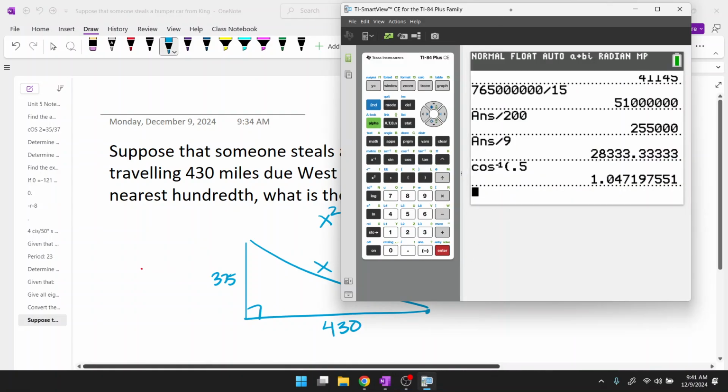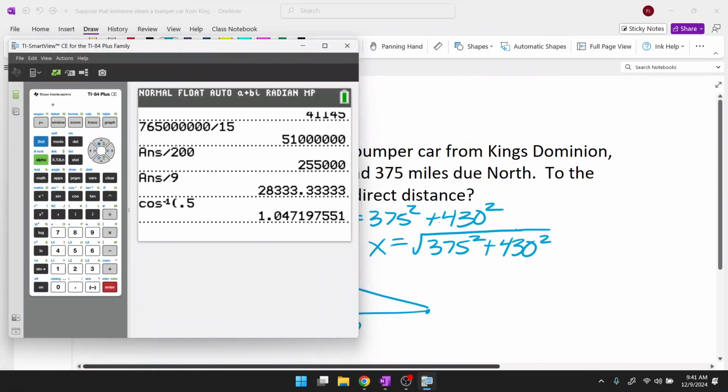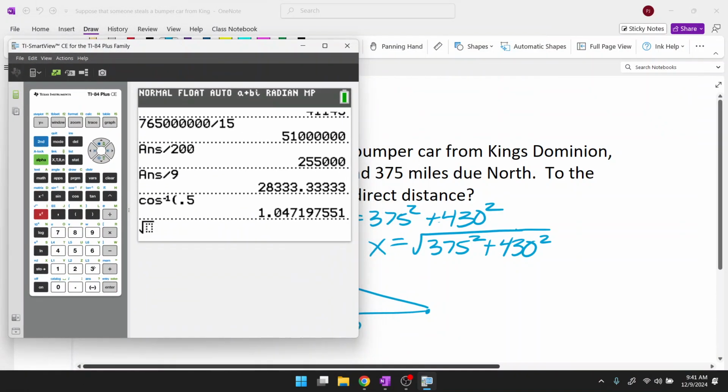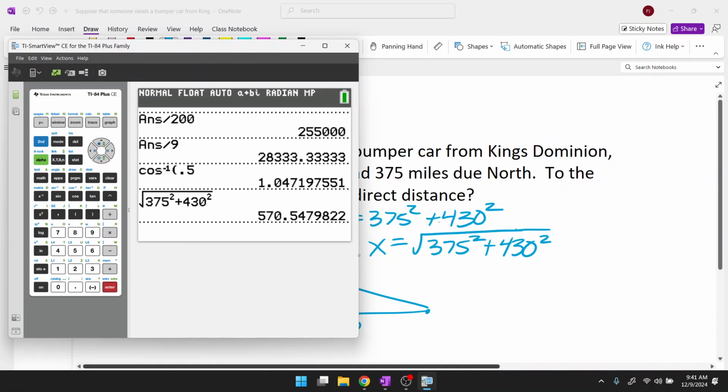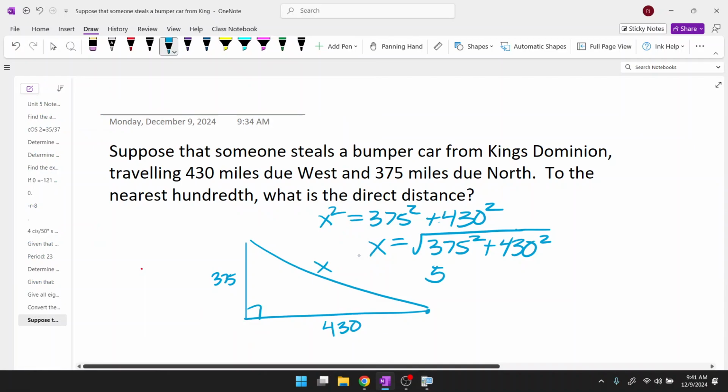All right. So let's figure this out. And it'll be 570.55 miles. All right, not too bad.